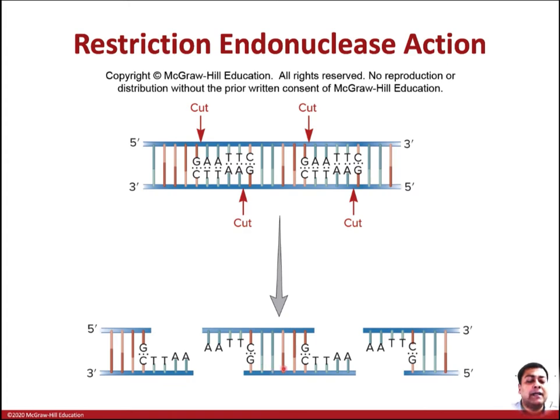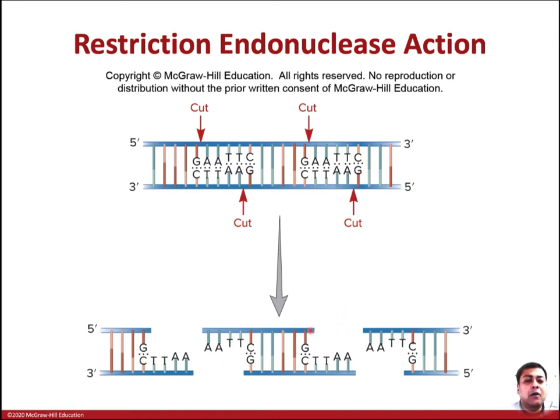Now think about that. We can cut out this piece, and then you can introduce this piece where the ends are cut in the same way. This is going to ligate automatically. The sticky ends will ligate. We have to use the enzyme DNA ligase, of course, but these overhangs will base pair automatically, and all you need is a ligase to seal these gaps.